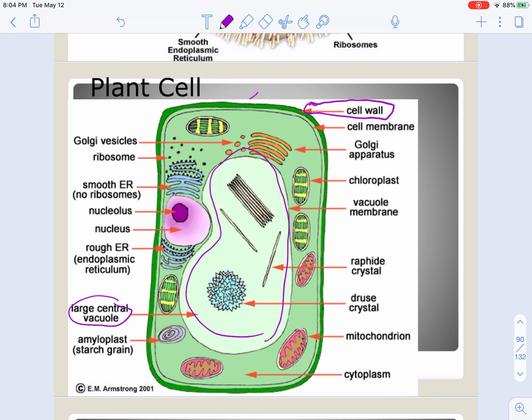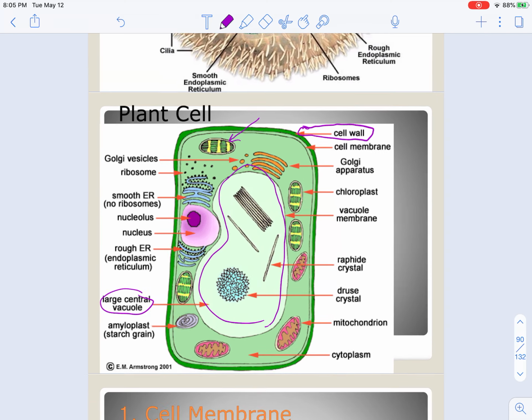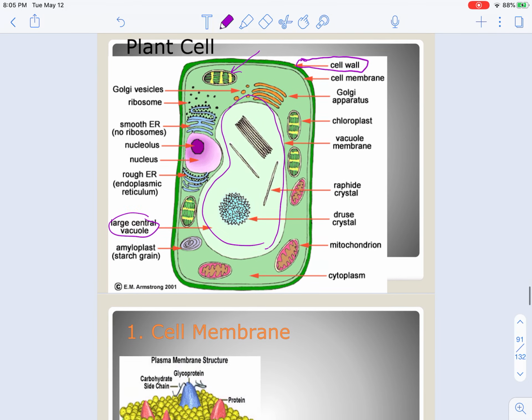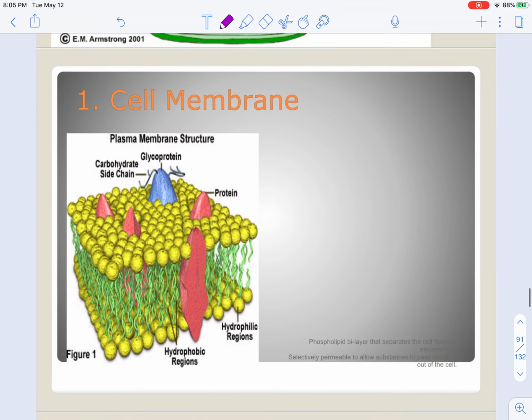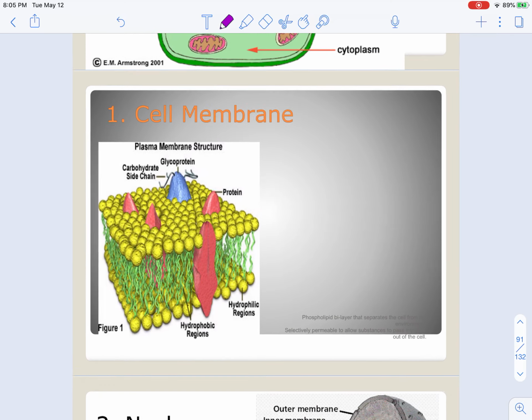The other thing that plant cells have is these chloroplasts, which will help them do photosynthesis because they contain chlorophyll, and that chlorophyll can use sunlight to carry out a reaction that forms sugar, glucose, for the plant as a food source. So we're going to look at all the structures that are in these cells, and that's what our topic is going to focus on.